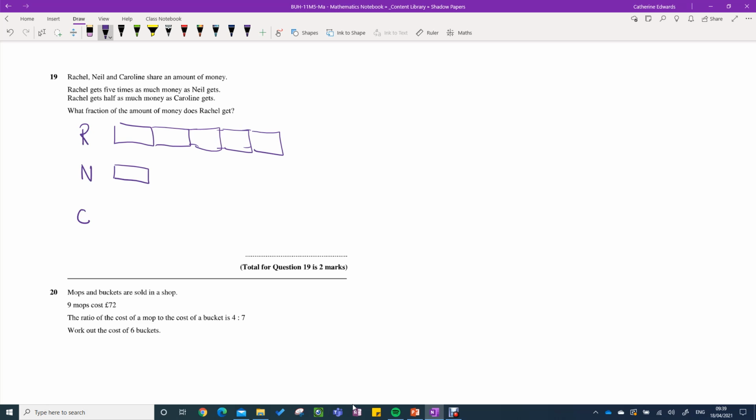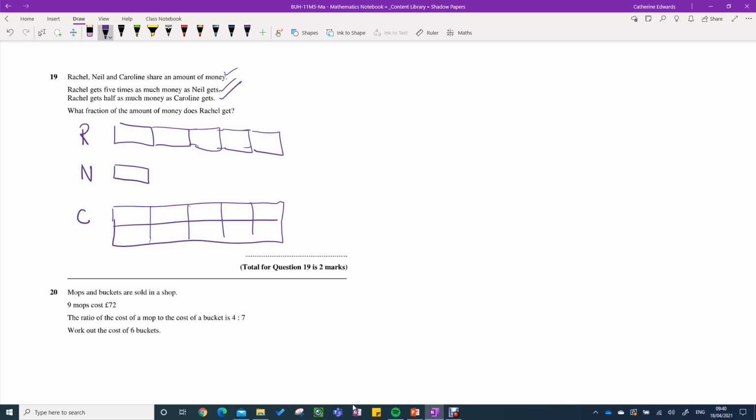Rachel gets half as much money as Caroline gets. So that means Caroline is going to have double what Rachel has got. Rachel's got 5, so Caroline is going to have 10. Okay, so we've now represented everyone's money.